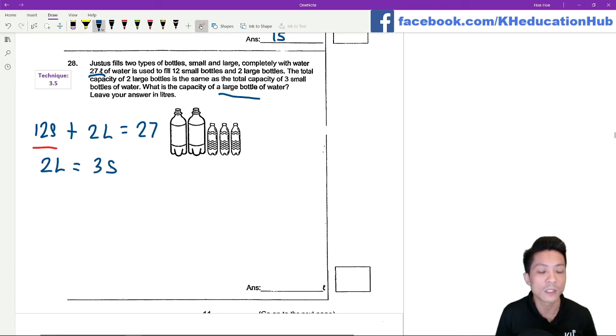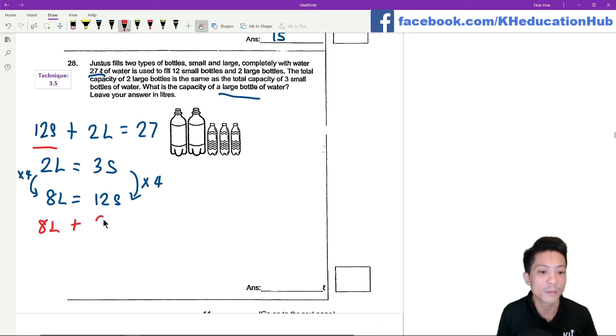If 2 large is equal to 3 small, then 12 small is equal to how many large? From here to here, if you multiply by 4, from here to here you also multiply by 4, which will give you 8. Which means that now I can replace the 12 small with 8 large.